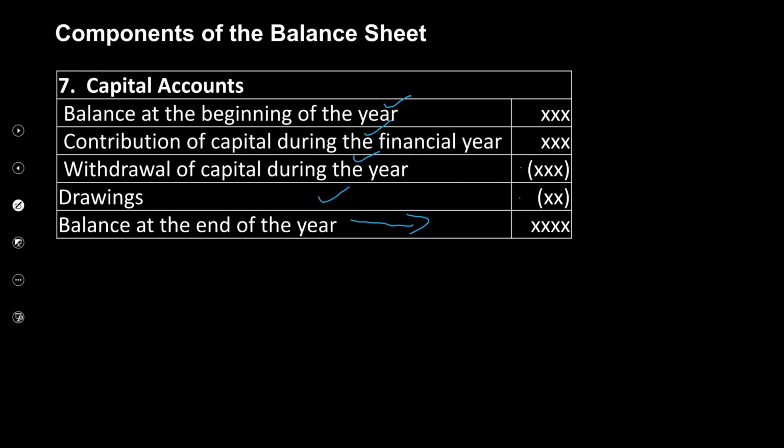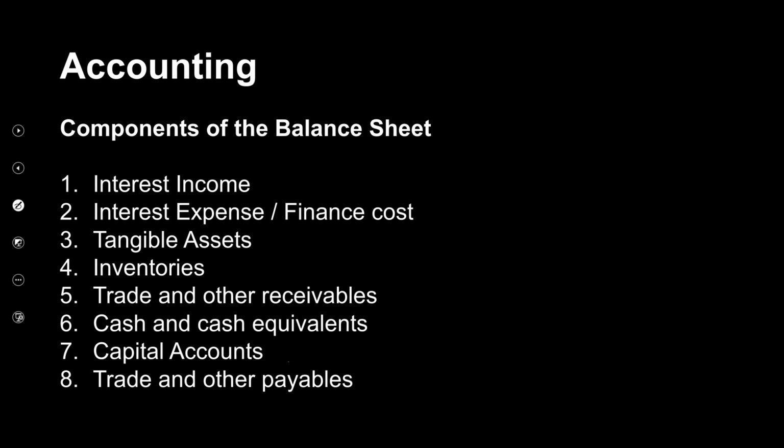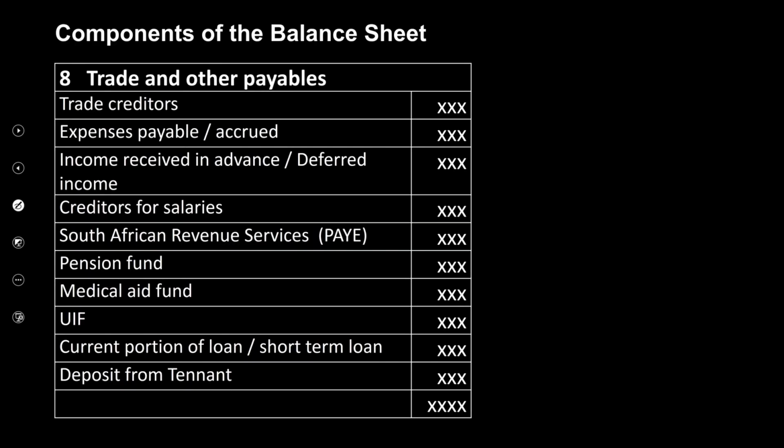Okay. The next item that we look at is our trade and other payables. And here we start off with our trade creditors, namely creditors control. Then you bring in your accrued expenses or expenses payable, your income received in advance or your deferred income, right?